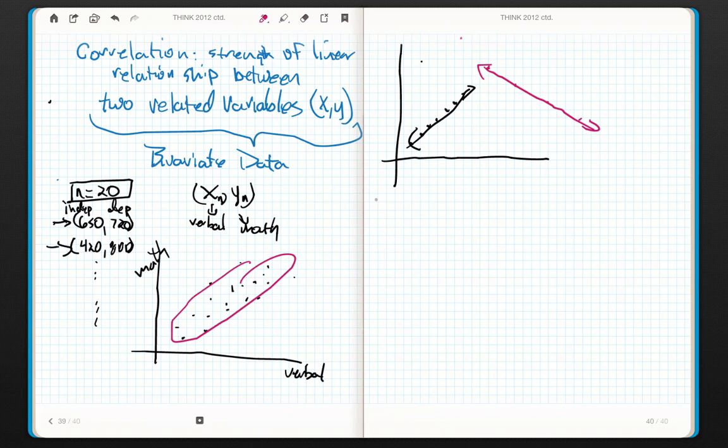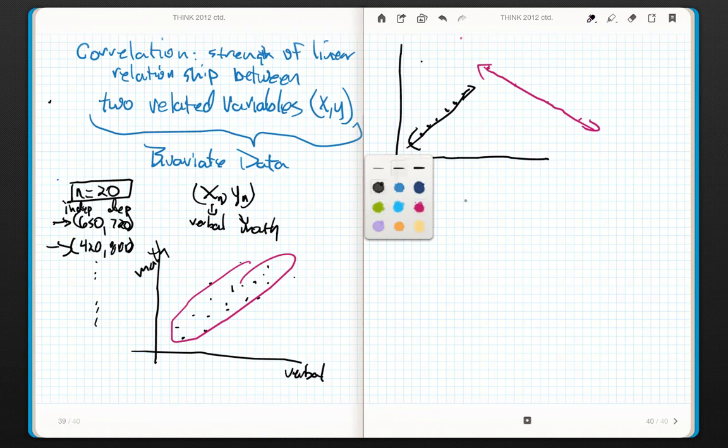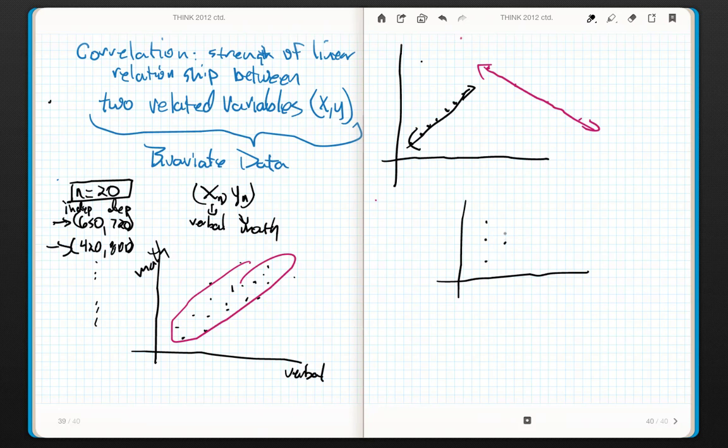How about this? What if I did something like this? Let's go back to black. Let's say that I had a bunch of points that looked like this. Well, think about it. If I tried to draw a line through this that was supposed to be representative of the data, would it be that one? Would it be that one? Would it be that one?